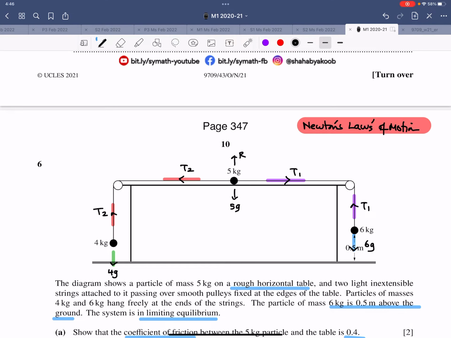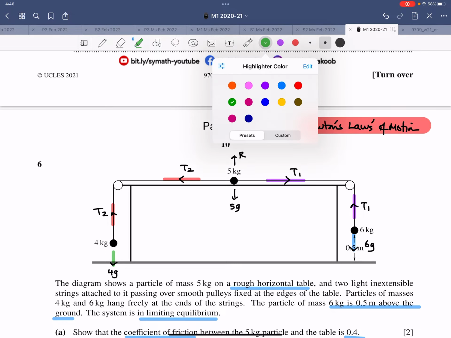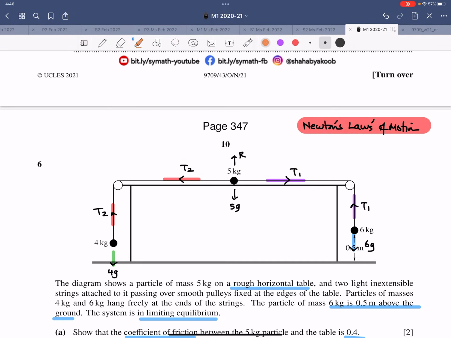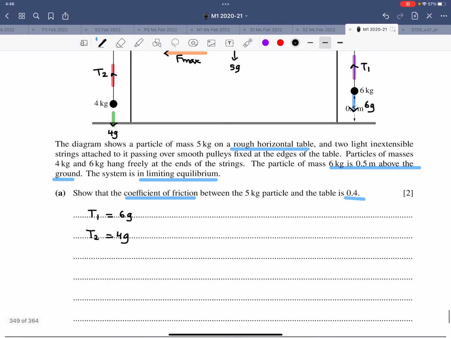What is the missing piece of the puzzle? The missing piece of the puzzle is there should be a frictional force acting to the left, F max. So now R equals 5g. F max equals mu R, that is mu into 5 into 10, that is 50 mu.